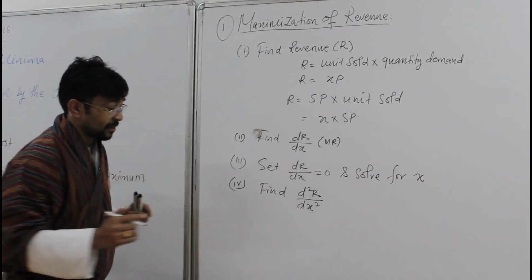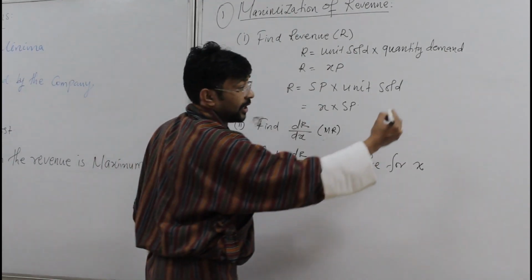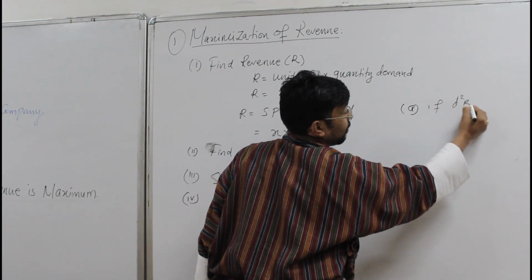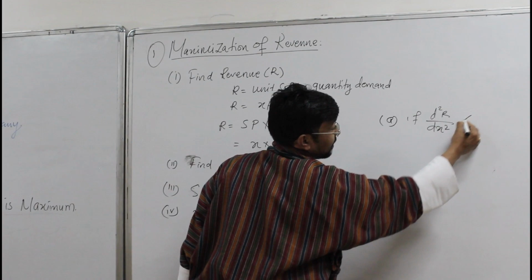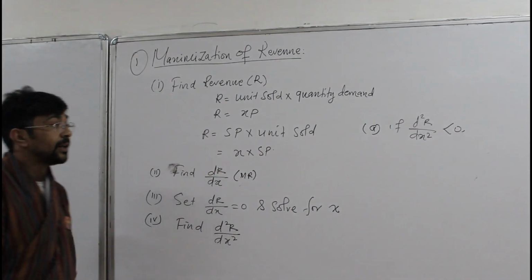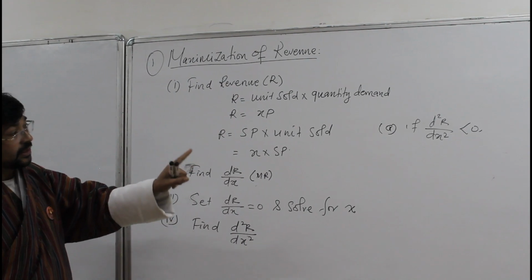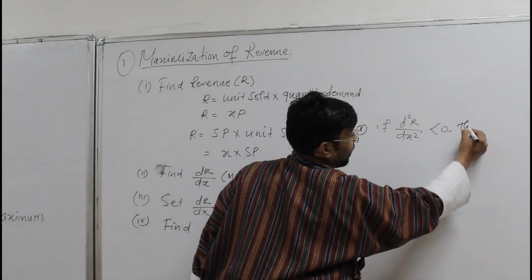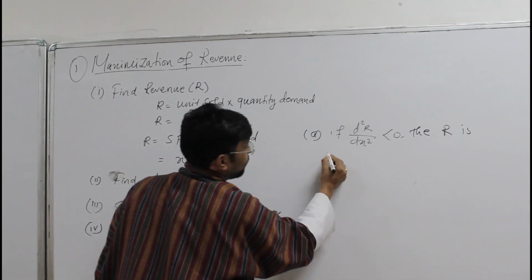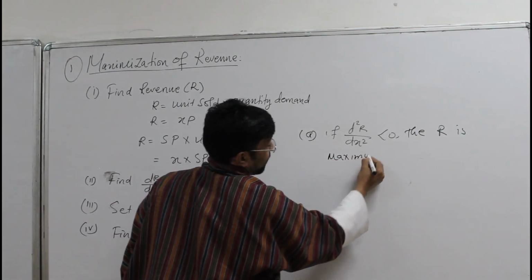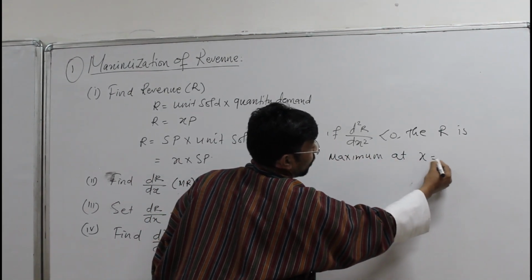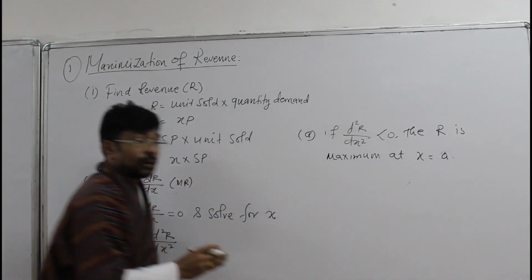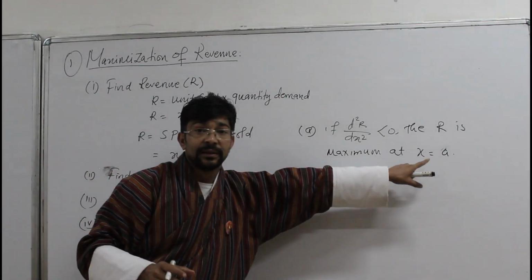Since you are asked to find the maximum revenue, we can write: if d square R by dx square is less than 0, or you have to prove that d square R by dx square is less than 0, then R is maximum at x equal to a, whatever value of x you got. Now you are proving that at that value of x it is maximum.